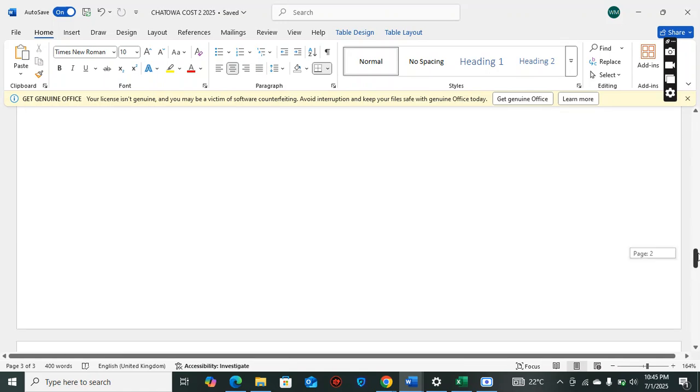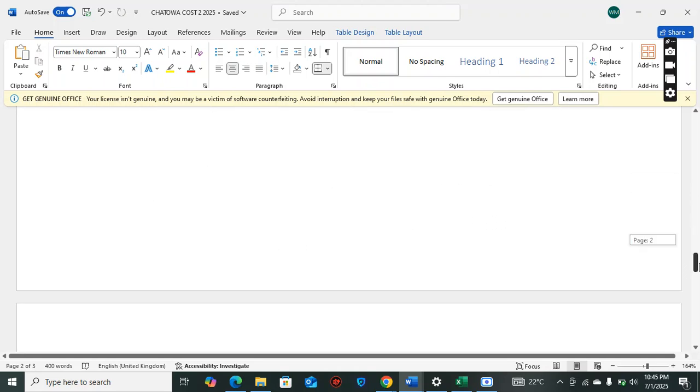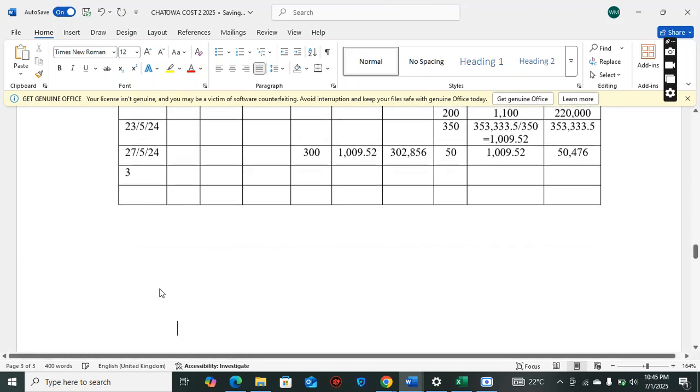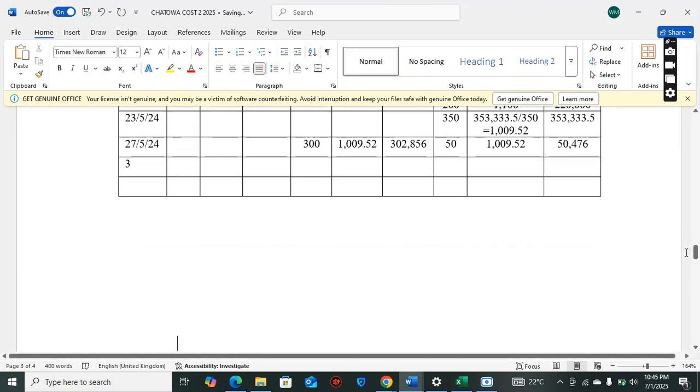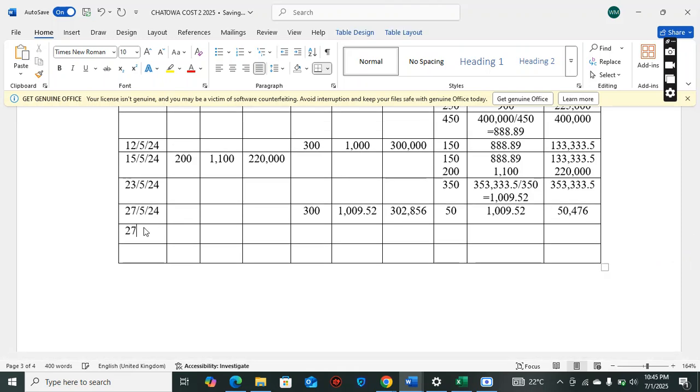Okay, the final transaction, 30th. Oh, there are two more transactions. Now imported 450 solar panels and we paid 540,000. So this is on the 27th.